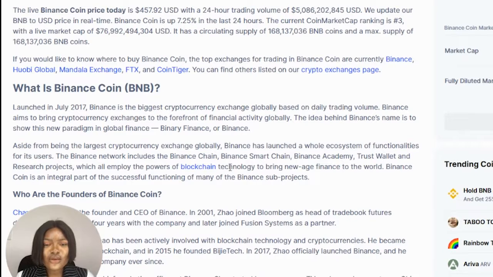Now let's talk about Binance Smart Chain. We all know Binance Smart Chain is an ecosystem where you own your private keys, meaning that only you can control your funds, your money. Being a smart chain, they allow other coins to build on their platform.